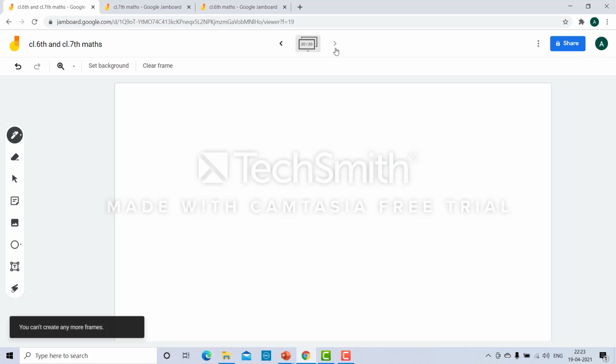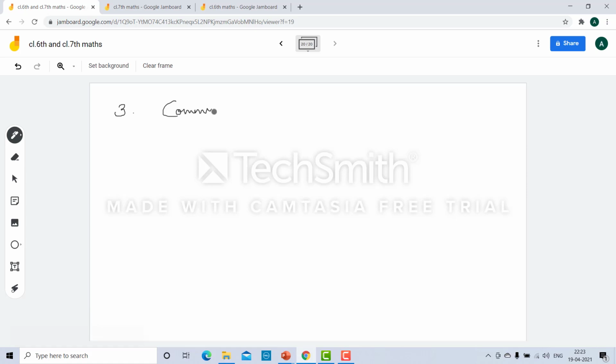Fine. Next, children, we have the property that is called the commutative property. What is this commutative property, children? First we will discuss it for addition.